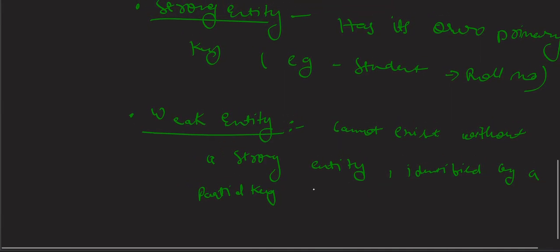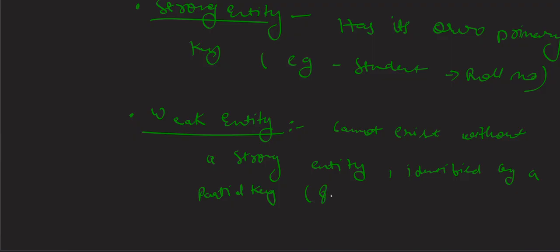Partial key is for, for example, a department of an employee. So here the department of an employee is a weak entity because it needs a primary key, okay, to define what it is. To identify something we need some primary key. We need a primary key to define that, and that is called a weak entity. Okay, I hope I am clear.